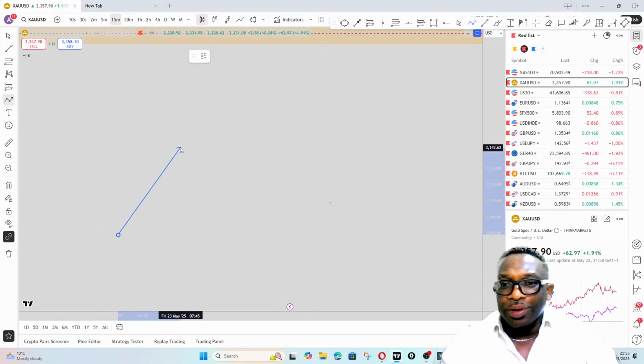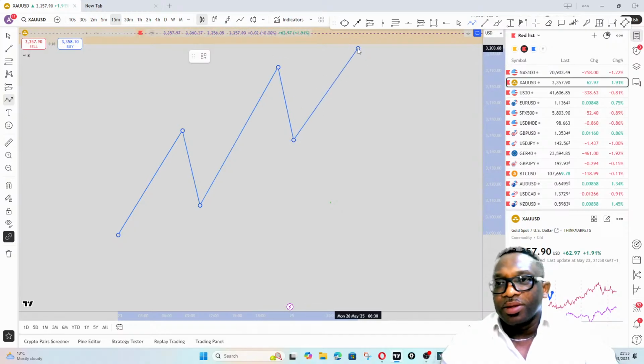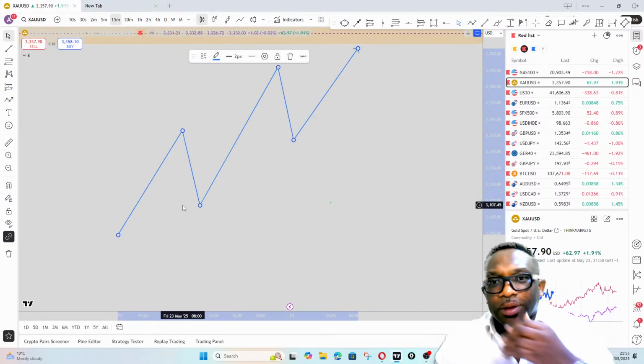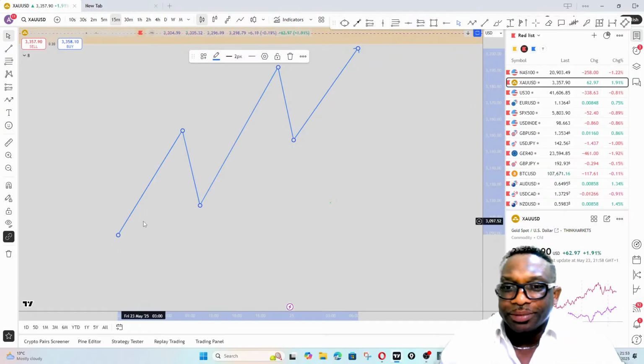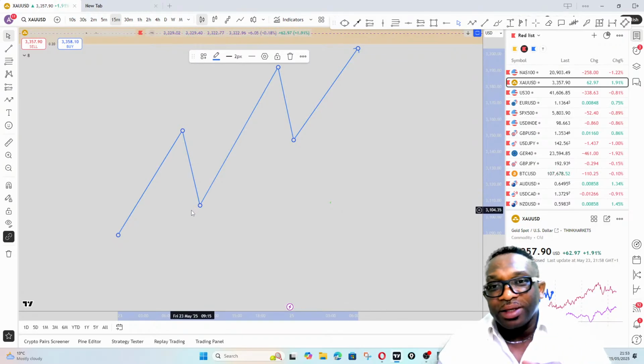So you go on the higher time frame, you mark your demand or supply zone, and then you drop down. From the daily you pick those key areas, and then you drop down on the 4-hour to refine that area. You drop down to 1 hour to further refine the area.